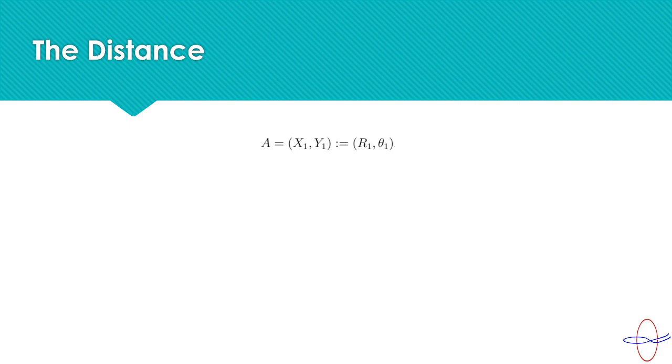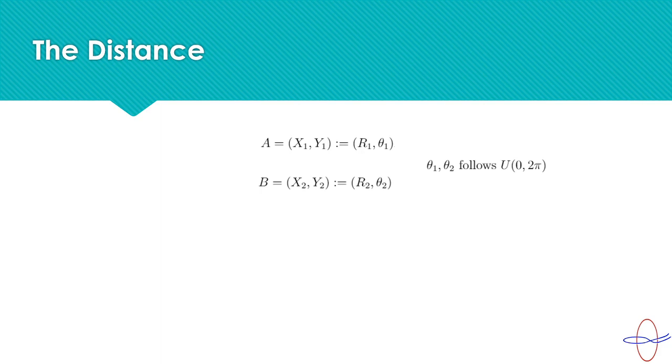So now let's do some distance calculations, how to calculate distance. Before that, let's move to the polar coordinates of the points. So r1 and θ1 is the polar coordinate when you express in terms of radius and angle, and B is represented as r2 comma θ2.